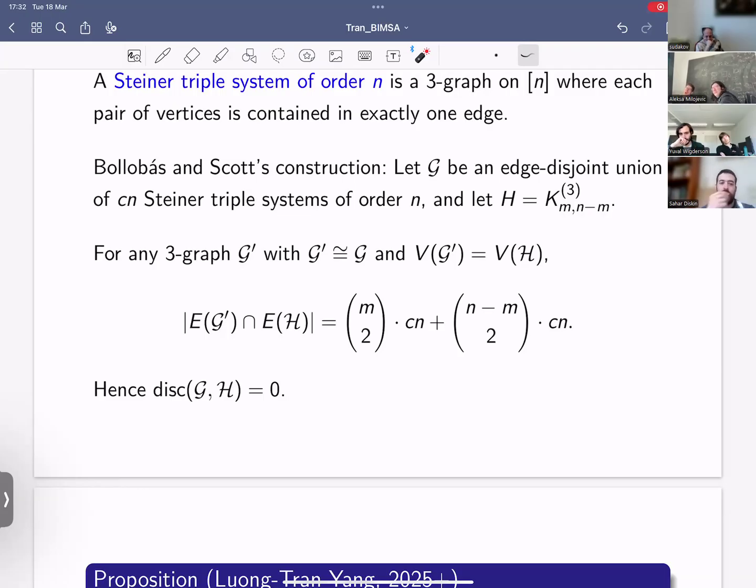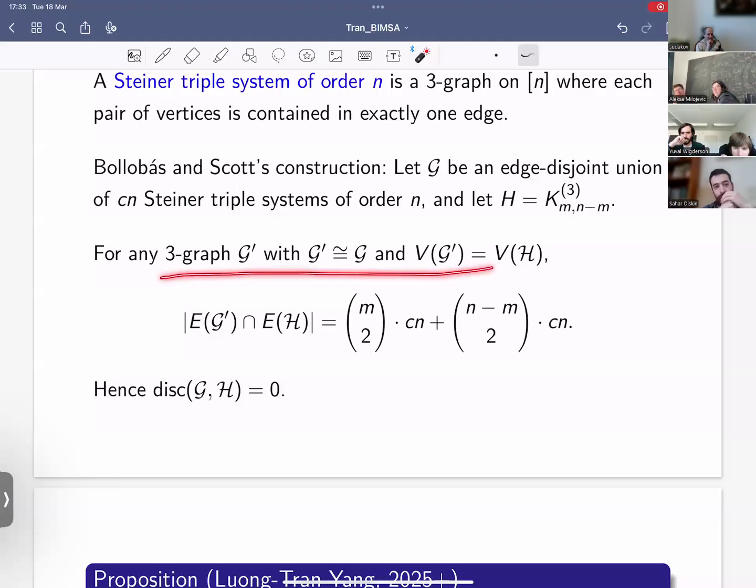So both Z and S have moderate densities. And to see that the discrepancy is zero, we don't even have to compute the density. Of course, for the conjecture, we need to check that the density is bounded away from 0 and 1.